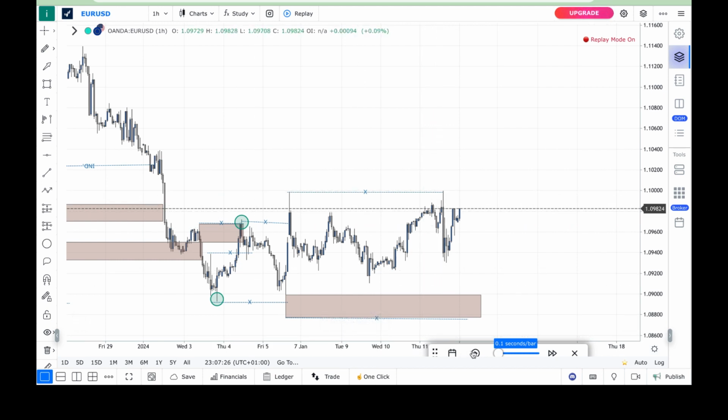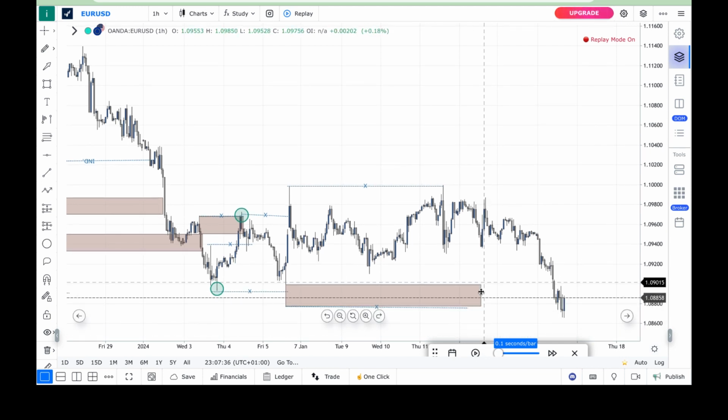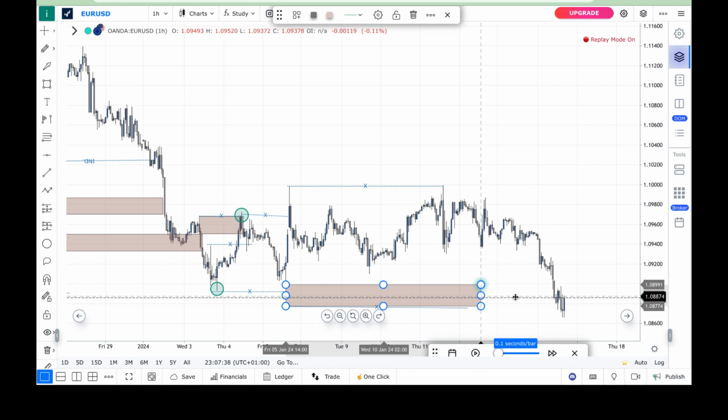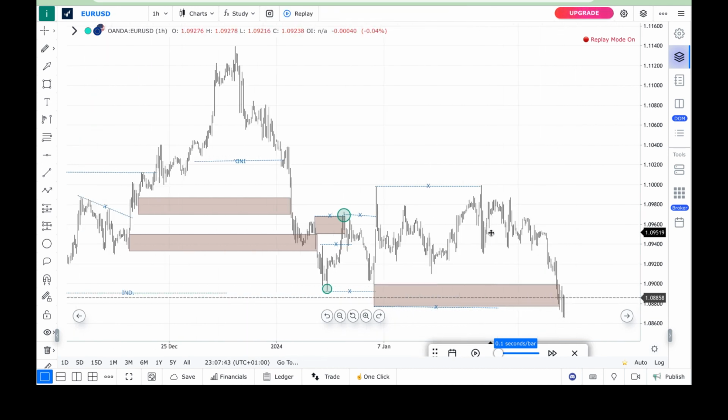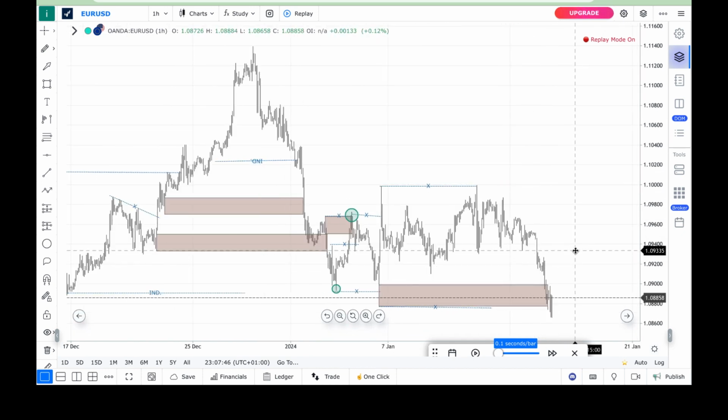So let's see what happens. So as you can see, can you see what happens? Market gives them the reaction they are looking for, and it fails.